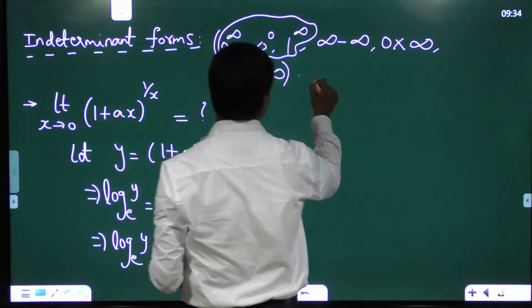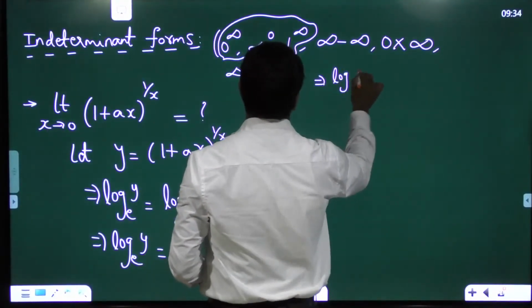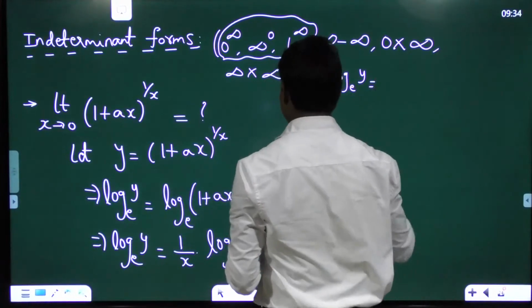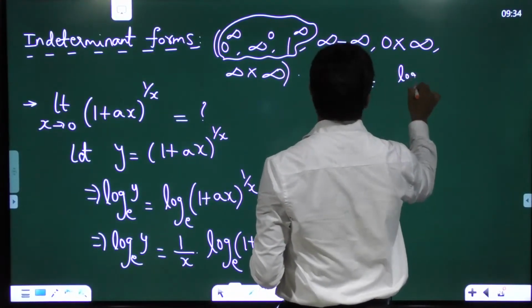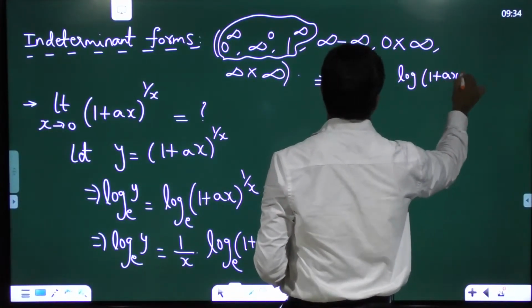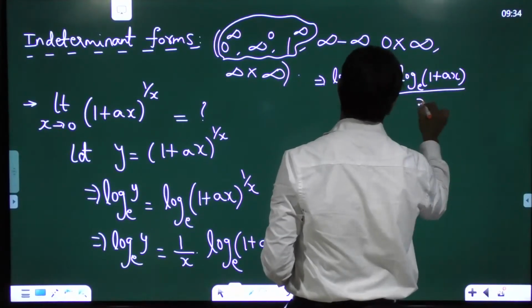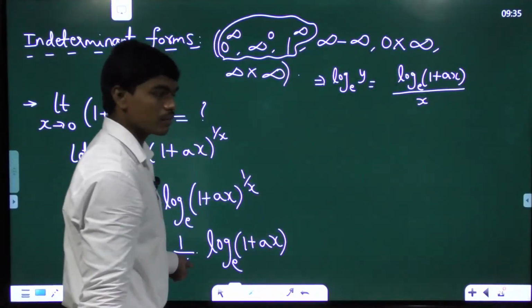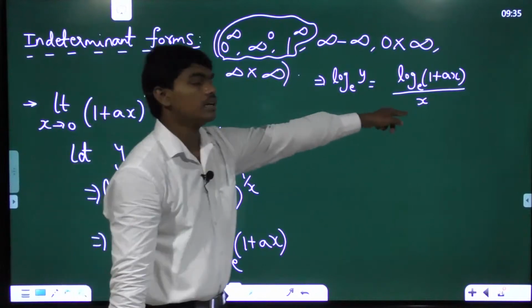Now if you see, log y to the base e is equal to log of 1 + ax to the base e divided by x. Correct? Because this 1 by x, which is in multiplication here, can be written in this format.